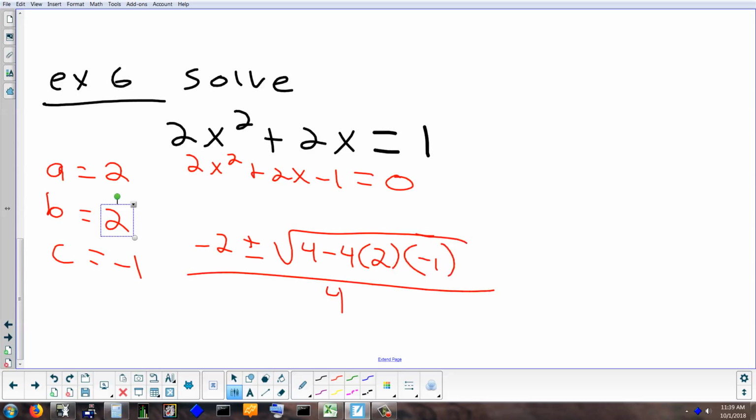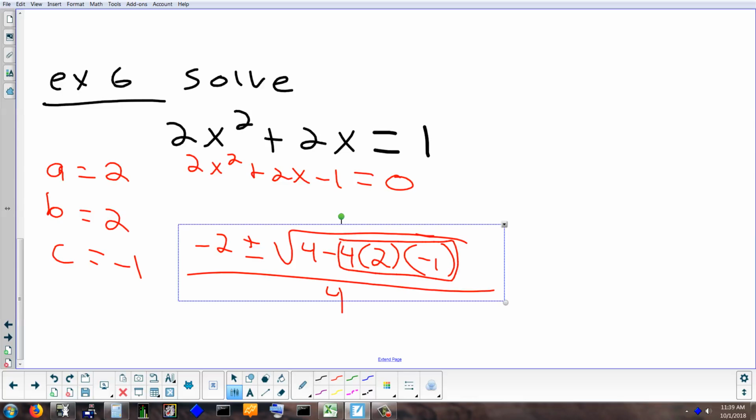Now, looking under the root, I have 4 minus a positive times a positive times a negative. What's a positive times a positive times a negative? A negative. So you have 4 minus a negative number.